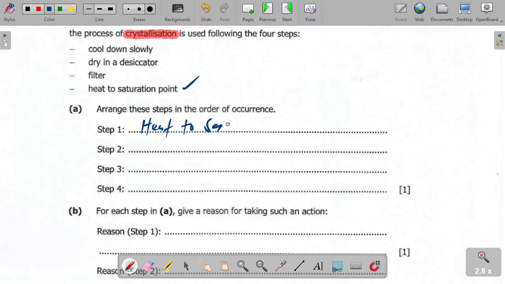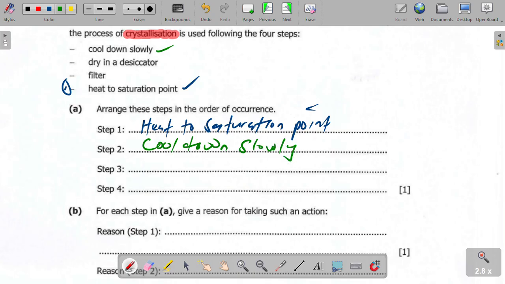I'm going to explain later on why we are doing this, why the first step is heating to saturation point. The second step is cool down slowly.